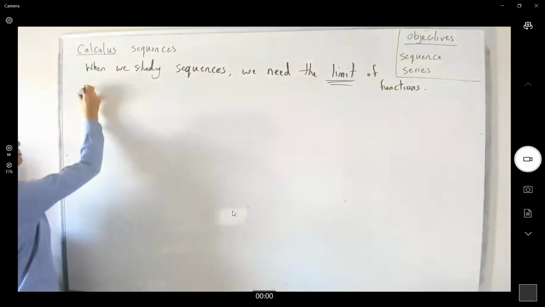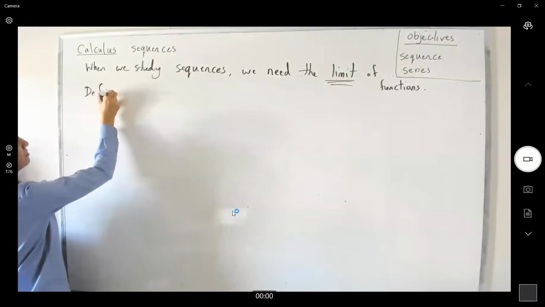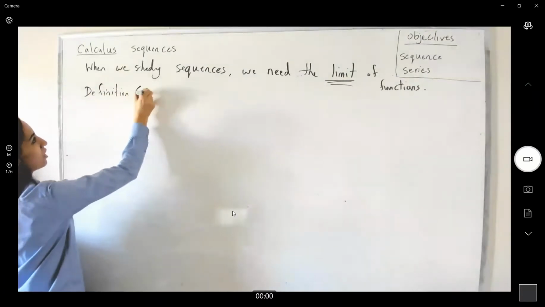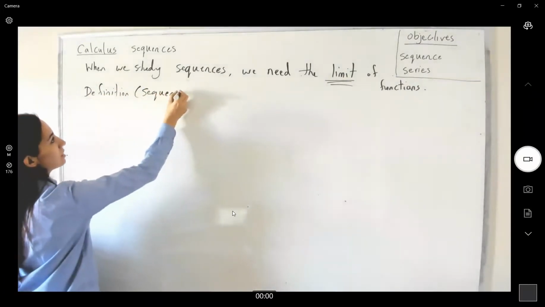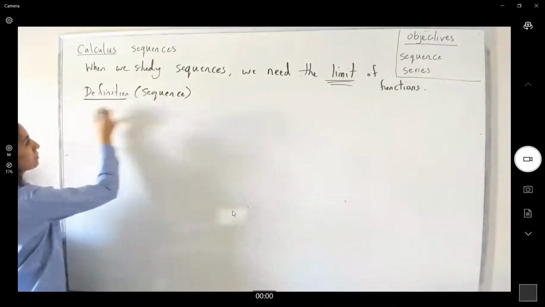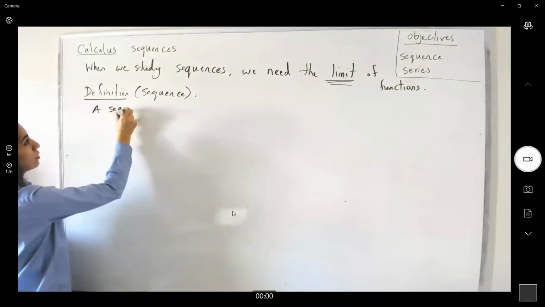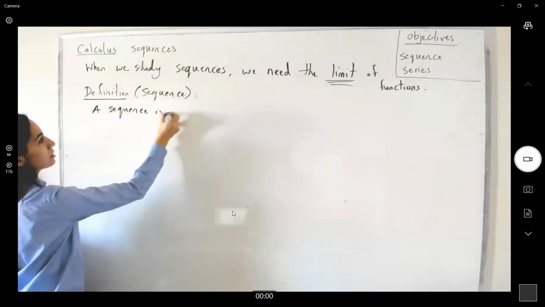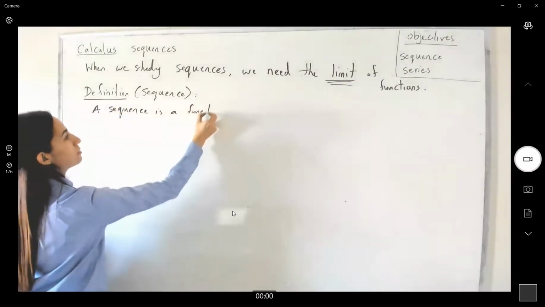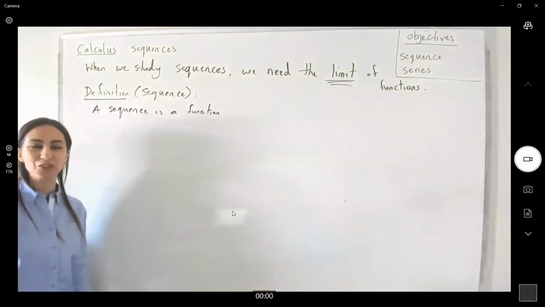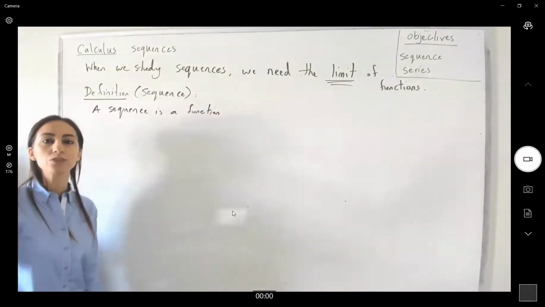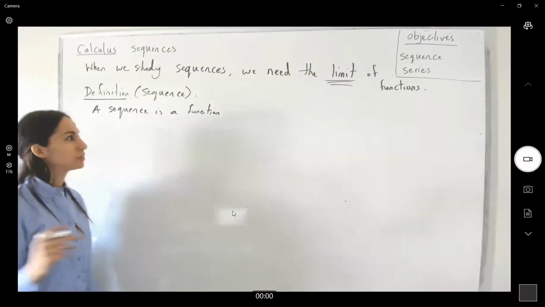Definition of a sequence. A sequence is a function. Remember that when you're dealing with a function, you need to have the domain of the function.